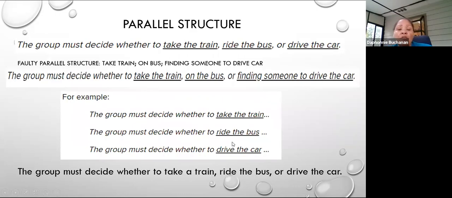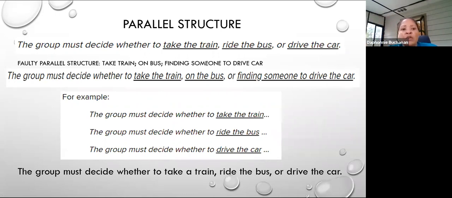All right, so parallel structures. Parallel structures, guys, are structures when you write. It doesn't mean they have to be exactly the same, but they have to be in a structure that means the same thing.